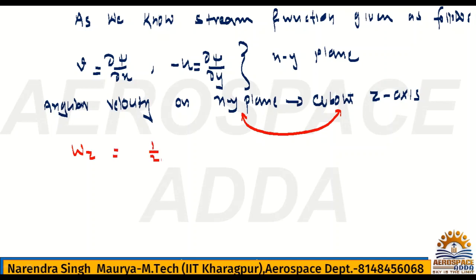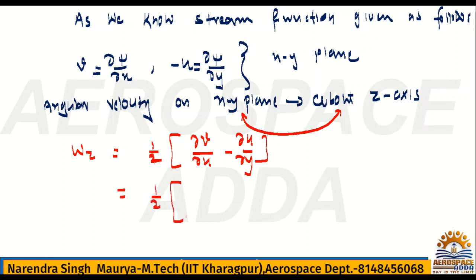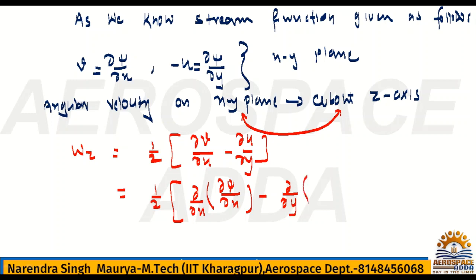So what is that? Wz is 1 by 2 dou v by dou x minus dou u by dou y. What is v? Dou psi by dou x. What is u?